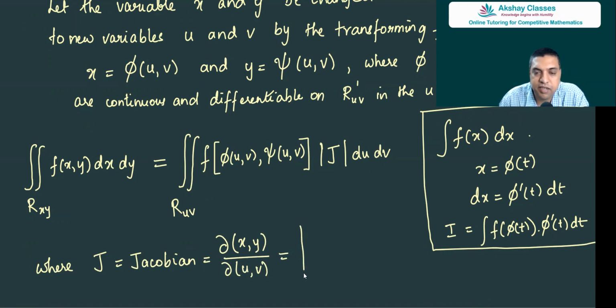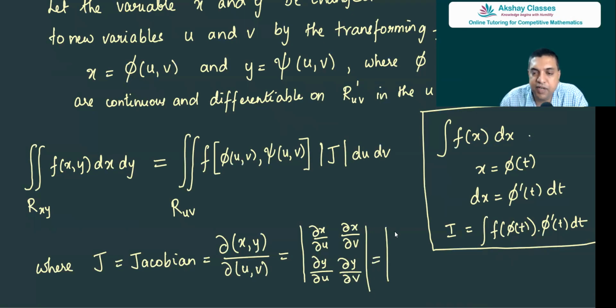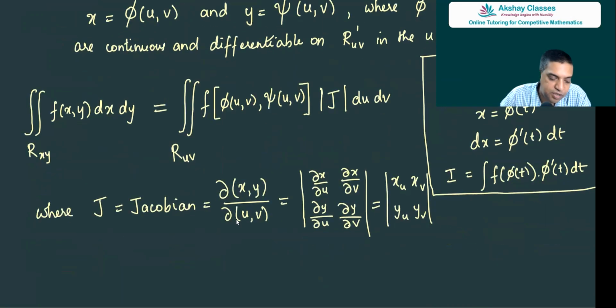This is nothing but the determinant of dou x by dou u, dou x by dou v, dou y by dou u, dou y by dou v. So in brief, we can write this as x subscript u, x subscript v, y subscript u, y subscript v. This is the Jacobian. We use this to transform.